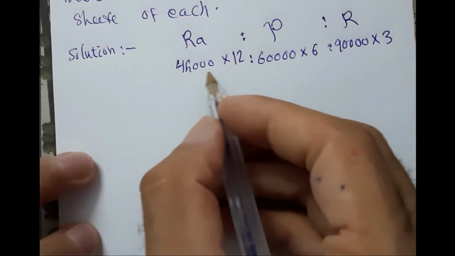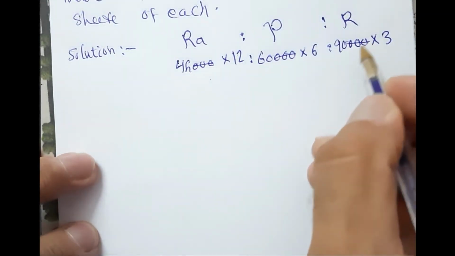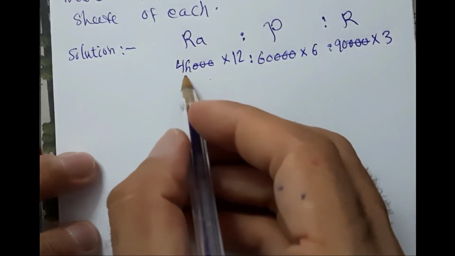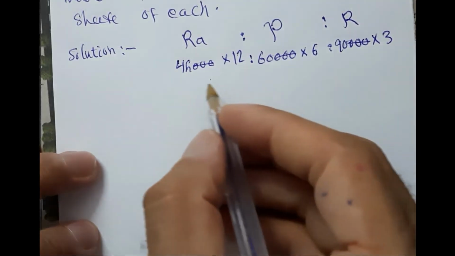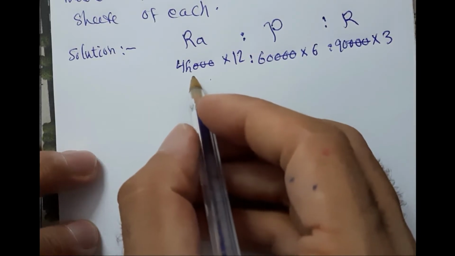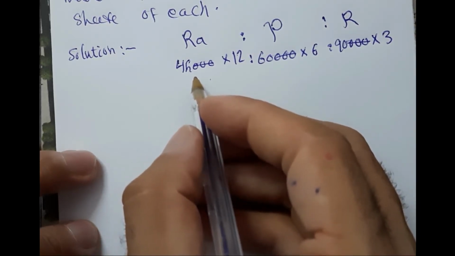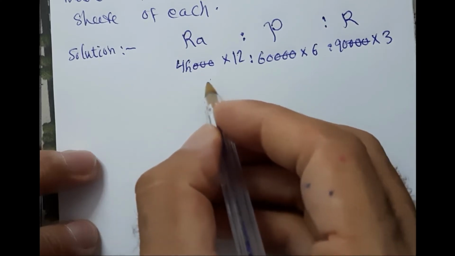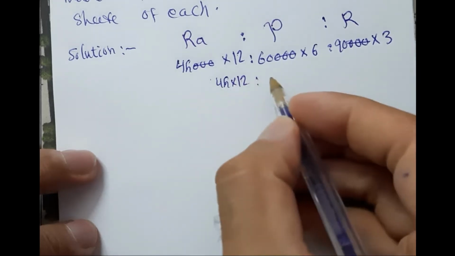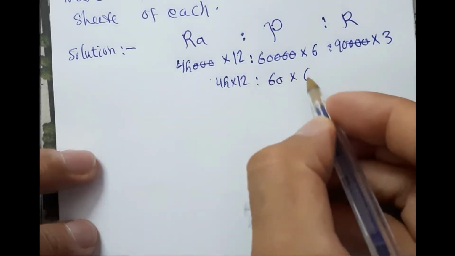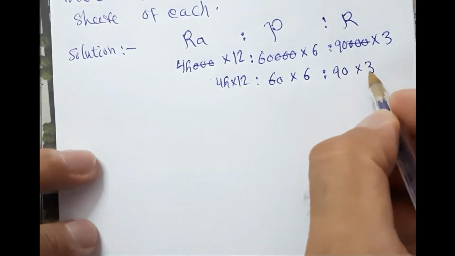Now here, the thousands cancel. We have 45, 60, 90. We want to write 45 multiplied by 12, 60 multiplied by 6, 90 multiplied by 3.